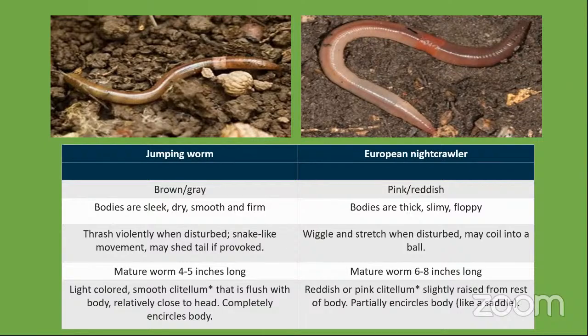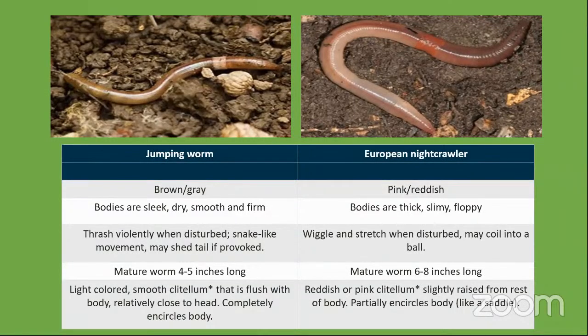The jumping worms thrash violently when they're disturbed, and they move like a snake, that S pattern. If you get them really agitated, they will actually shed a portion of the tail, and that will keep wiggling, and it doesn't produce another worm, but it keeps wiggling and thrashing also. It's kind of creepy.